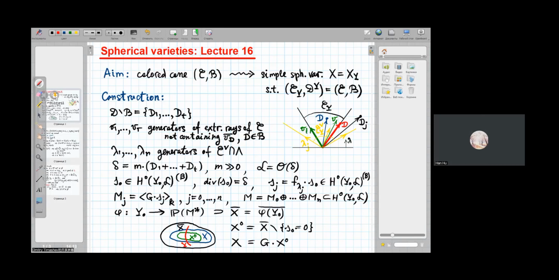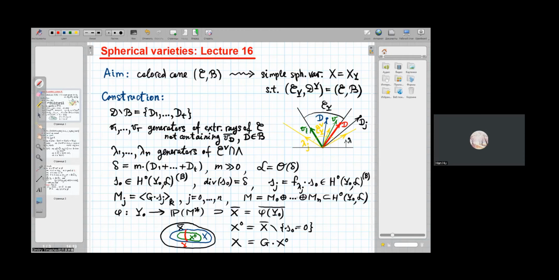Maybe I should remove these extra red lines here. Let me make this line shorter, because this is a single G orbit, and it doesn't go outside X. It looks like this. It is an orbit in X. It intersects X zero, and therefore it is contained in the G span of X zero. Okay.